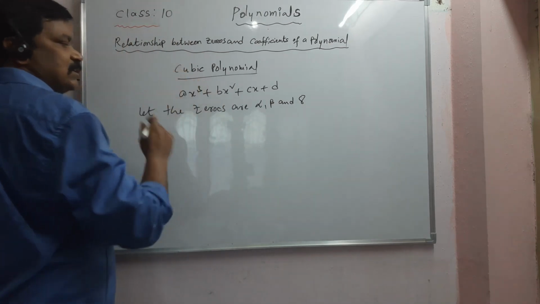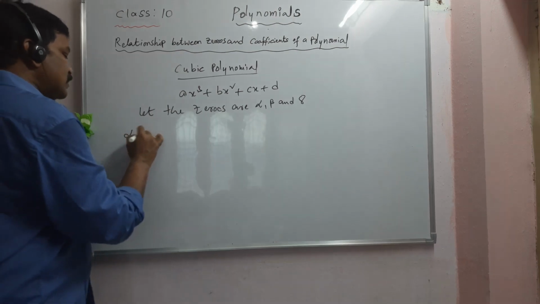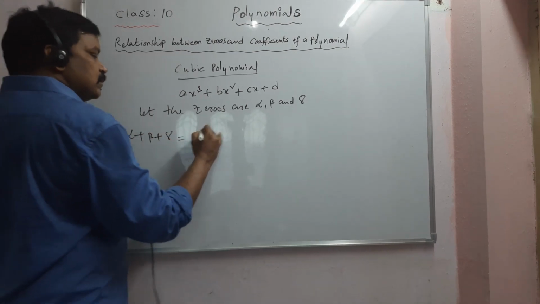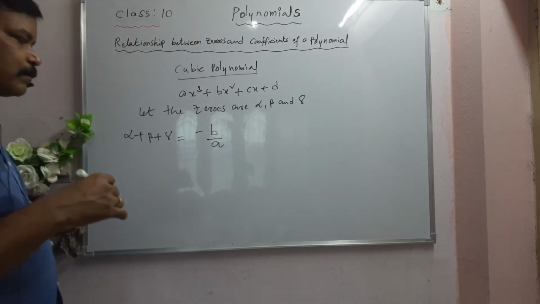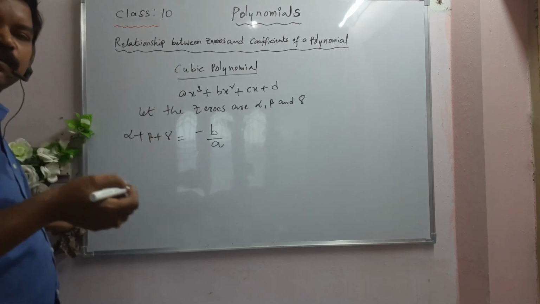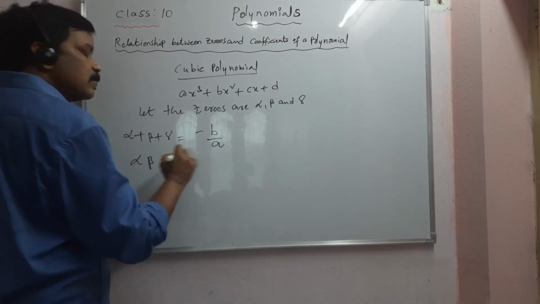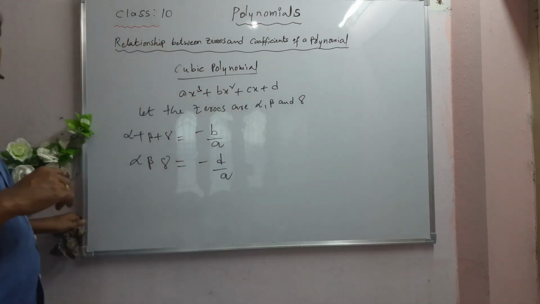Since the degree is 3, it has 3 zeros. Right. So what is alpha plus beta plus gamma? Sum of the zeros, that is minus b by a only. What about the product of the zeros, alpha beta gamma? Here, this is minus d by a.